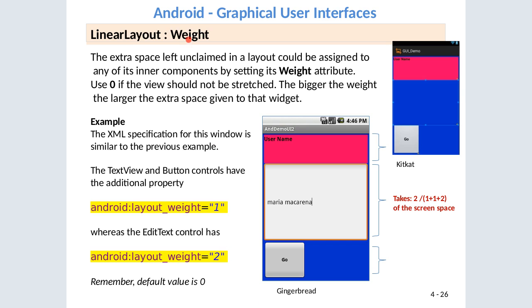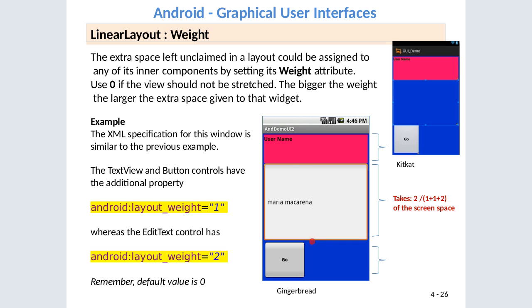Then we have this weight property, and what the weight property does is it tells us what ratio, in terms of the components that are there, one component has. If you specify the weight as 0, that means that a particular component cannot be stretched. But if you specify the weight as 1, it means the component can be stretched to occupy the remaining space.